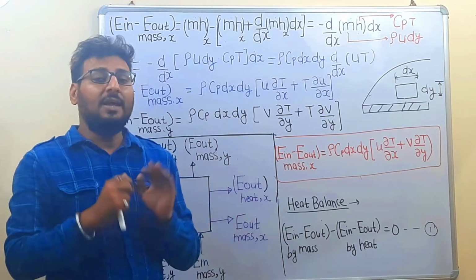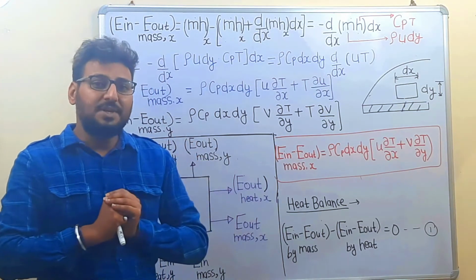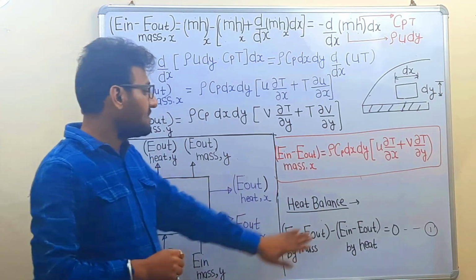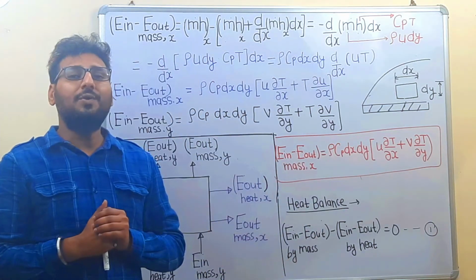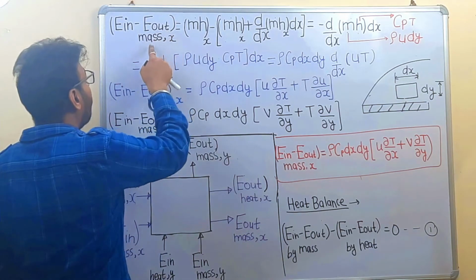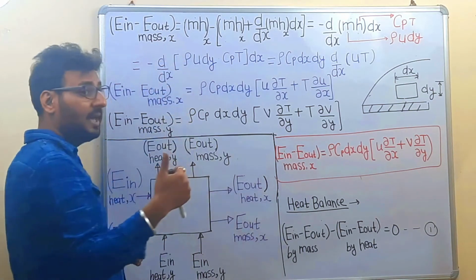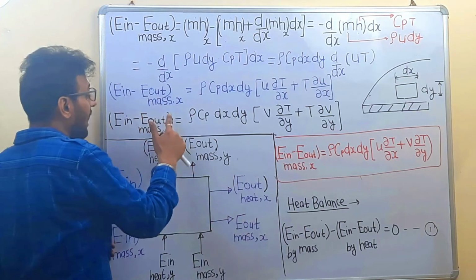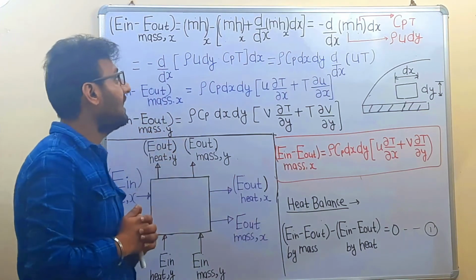So we will determine these four values and substitute them in equation number 1. We are going to determine the value of energy in minus energy out by mass in x direction and in y direction.